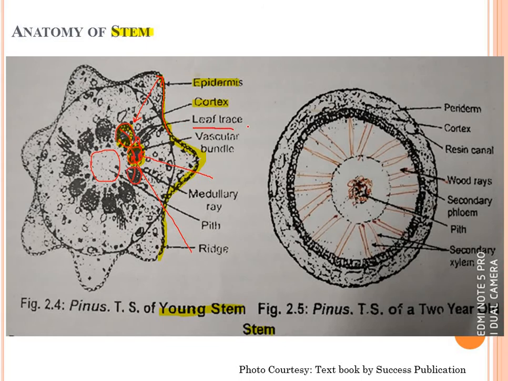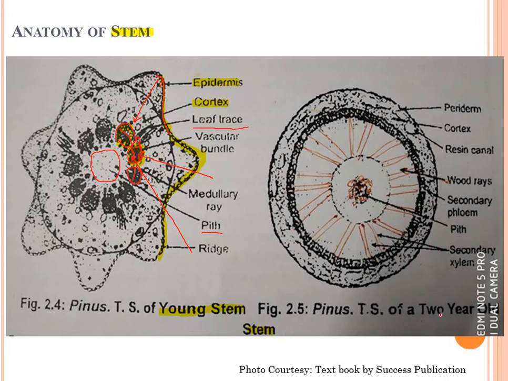Leaf traces means some leaves fall and form leaf traces inside the cortex. Then the vascular bundles are conjoint, collateral and open. Then medullary rays are present. Then the center of the stem is made up of pith. This is the anatomy of young stem.